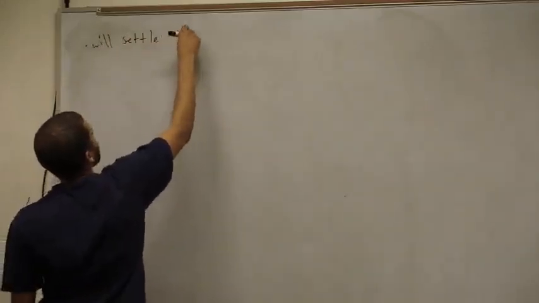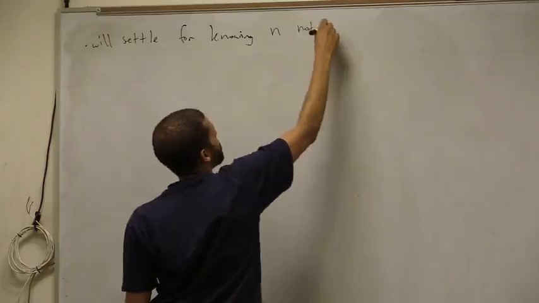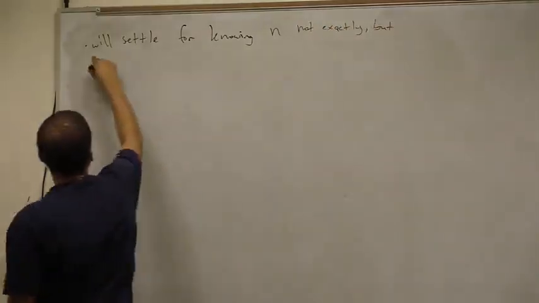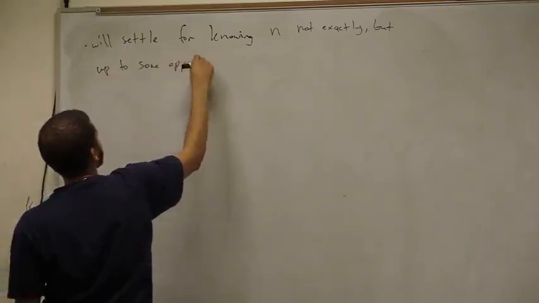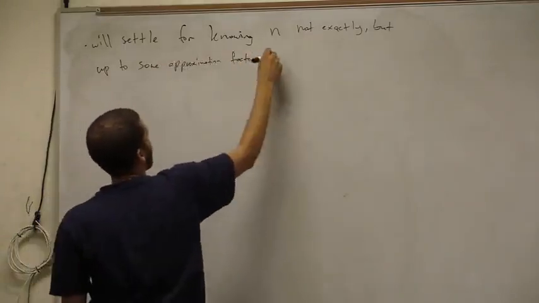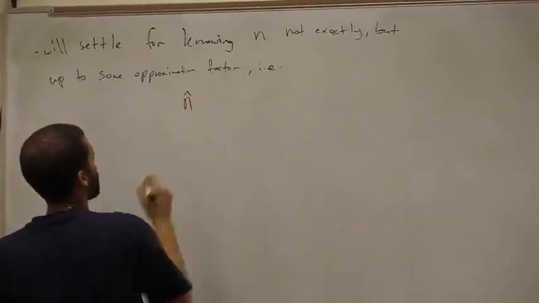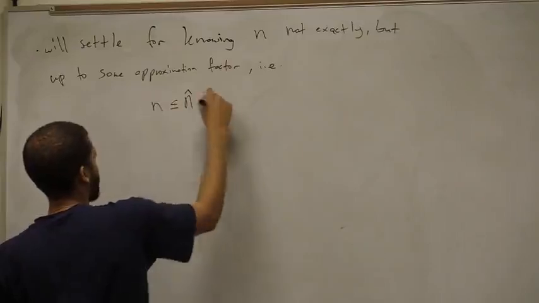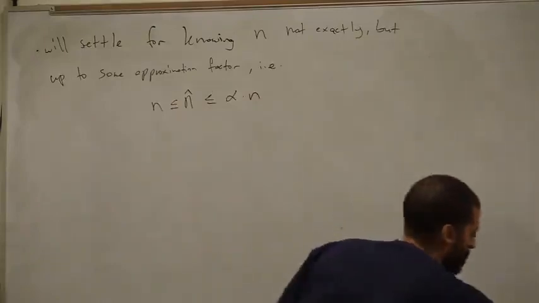We'll settle for knowing n not exactly, but just up to some approximation factor. i.e., we just want to know some n hat such that n hat is between n and alpha times n, where this alpha is what I'm calling the approximation factor.